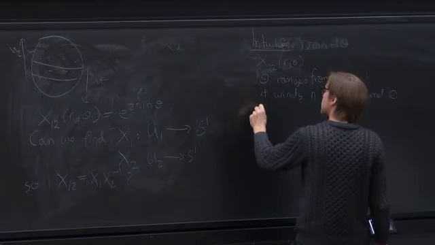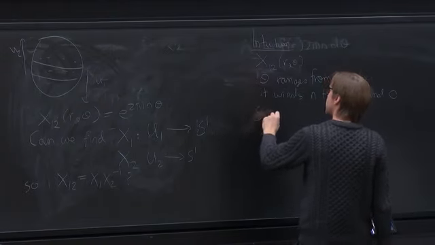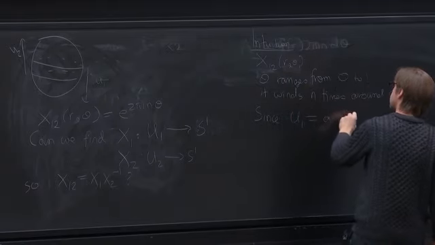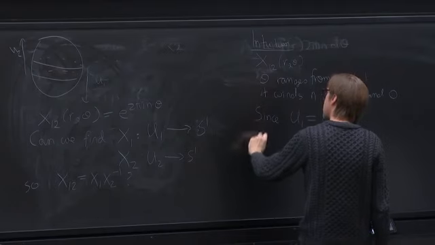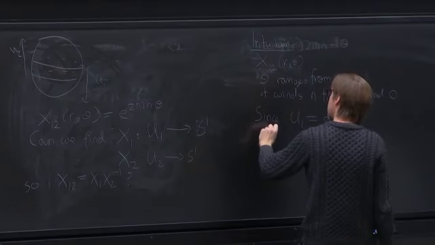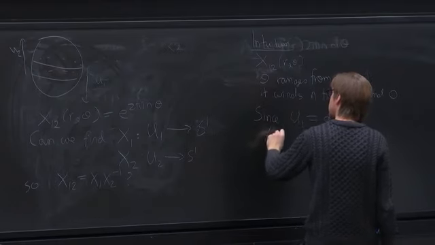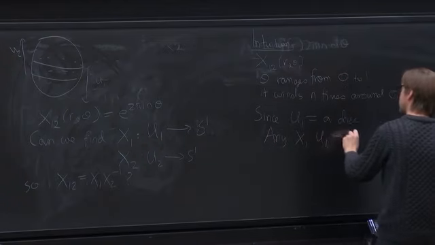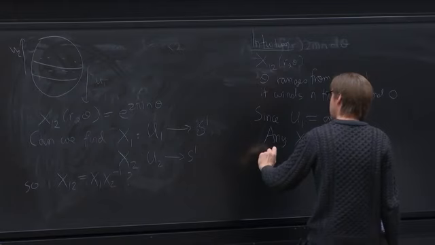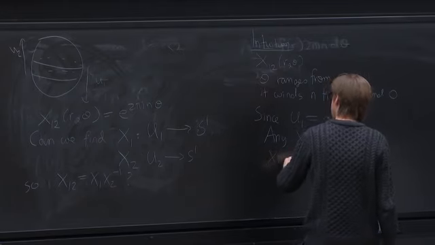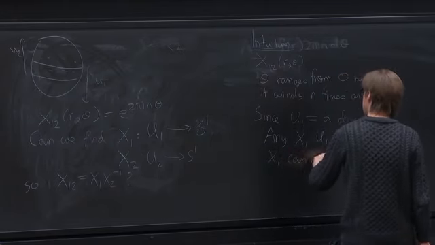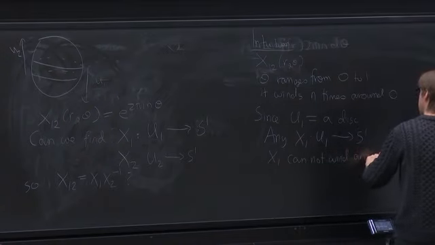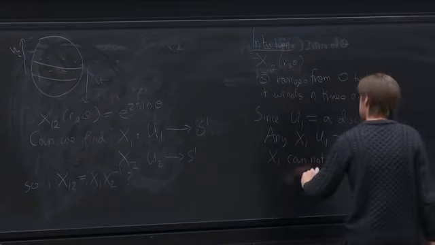But since U1 is a disk, for any x1 from U1 to the circle, x1 cannot wind around the origin at all.